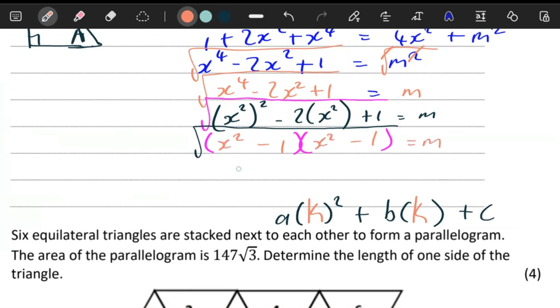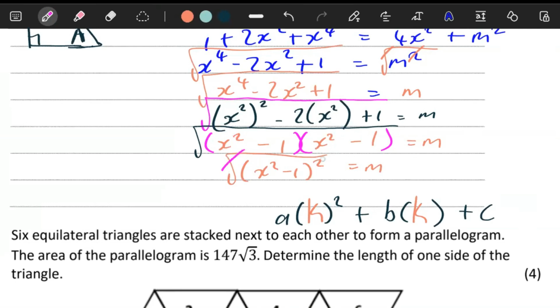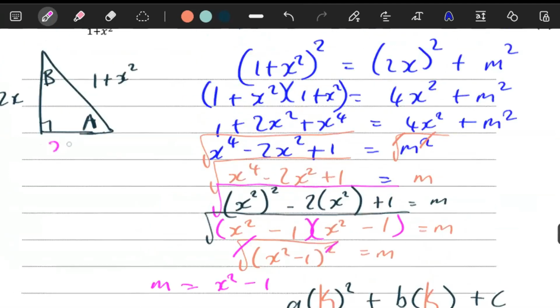You see, and then you have x squared -1 twice under square root. So you can see here that the square root cancels the square there. Your value of m is just x squared -1. There we go. So this is just the difference of two squares, but it doesn't matter.